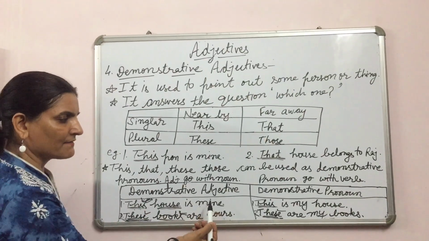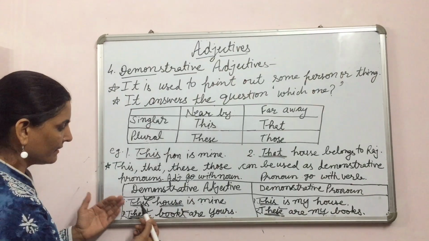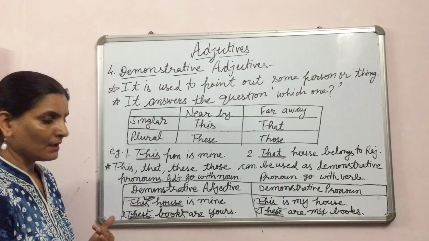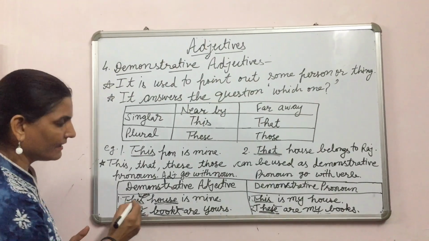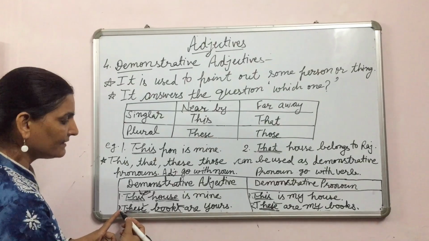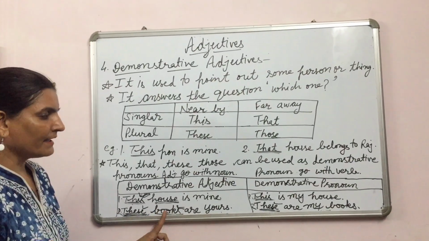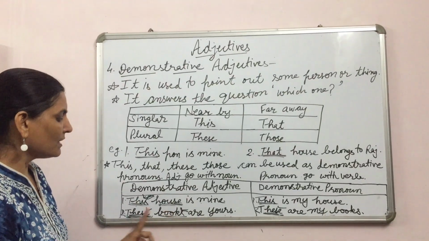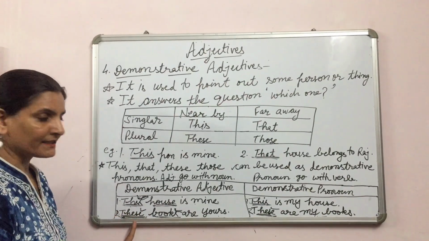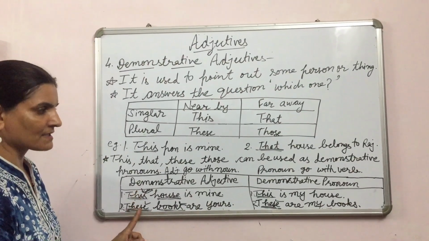Demonstrative adjectives go with nouns. Here in this sentence, house is a noun. So this here is a demonstrative adjective. And in this sentence, books is a noun. So these here is an adjective. So these are demonstrative adjectives.